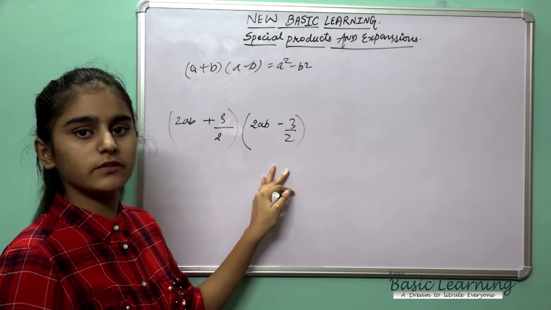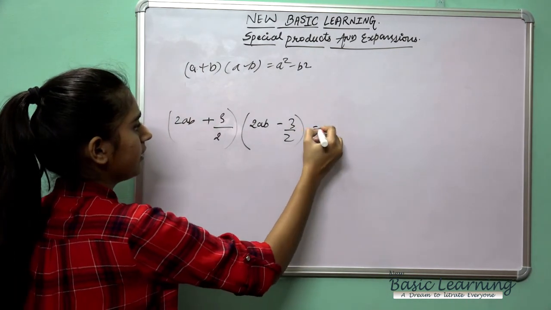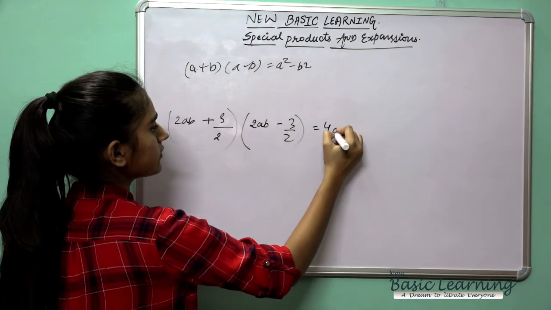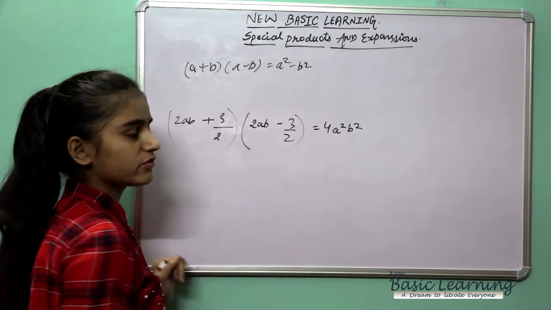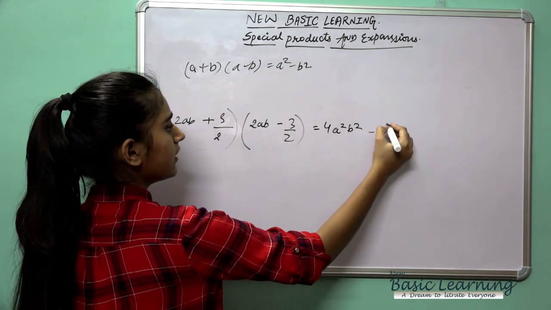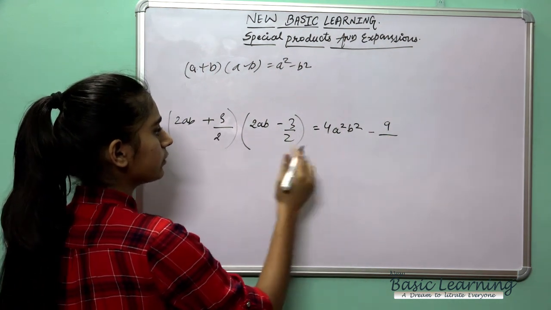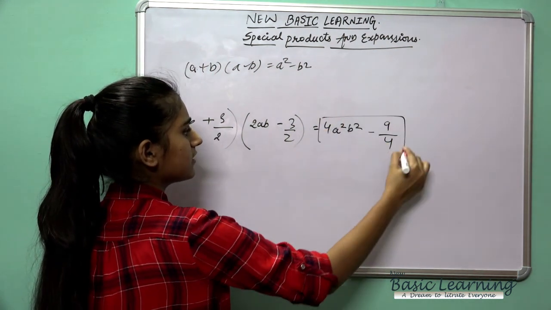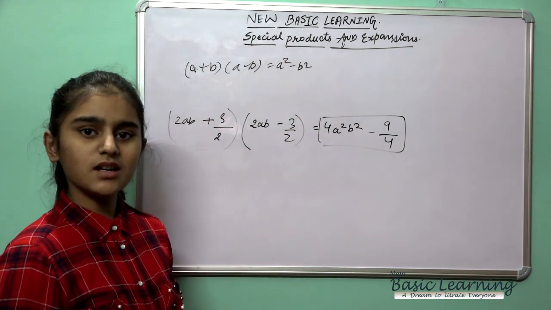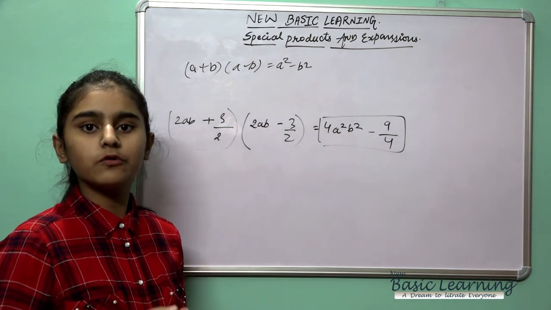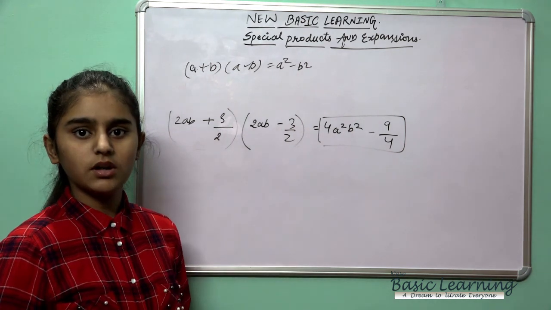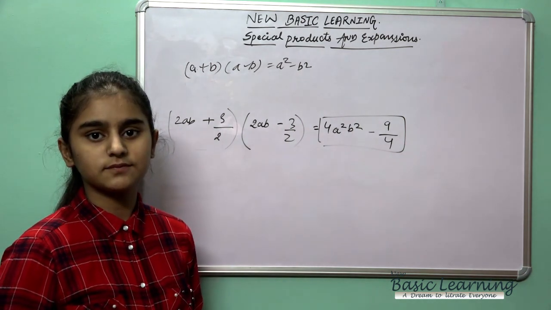So how will you solve this question? It will be 2 into 2 gives you 4, a into a gives you a square, and b into b gives you b square. Okay, then minus 3 into 3 gives you 9 upon 2 into 2 gives you 4. These questions are not very difficult to solve. These are easy, but you have to know how to apply the formula. So I hope this formula is clear to you. Now I will take another formula.